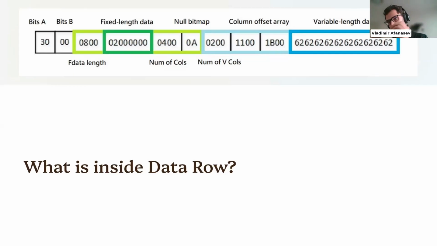Then we go to this blue block, which is variable length. We have the number of variable columns in 2 bytes, and then a column offset array, each entry 2 bytes, storing the offsets of your variable length columns.